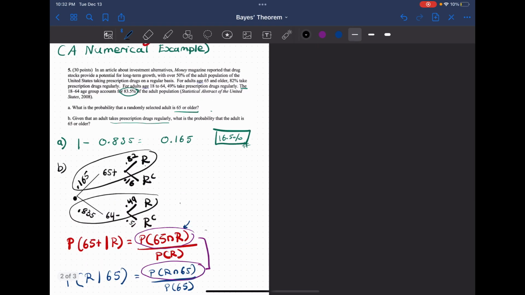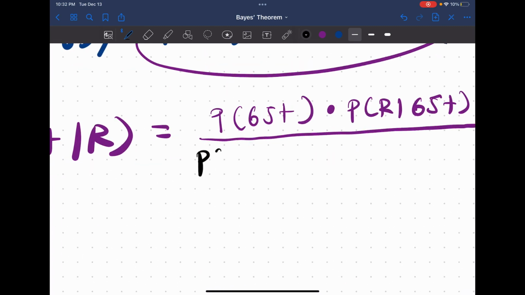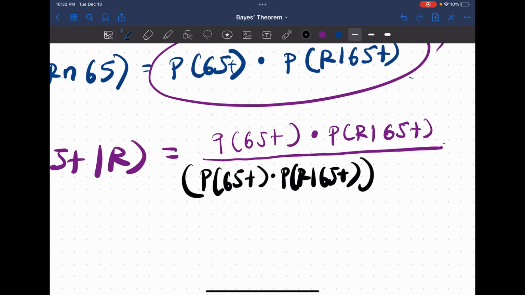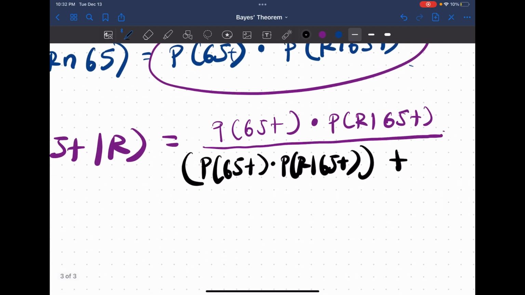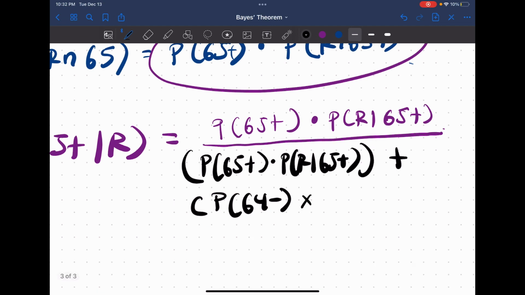So let's plug that in again to the formula. It's the probability of 65 plus multiplied by P(R given 65), and plus, since the space is not enough there, I'm just going to write it downwards. Again, if you want to refer to any of these notes, I have a lesson note down below in the description box which you can access.